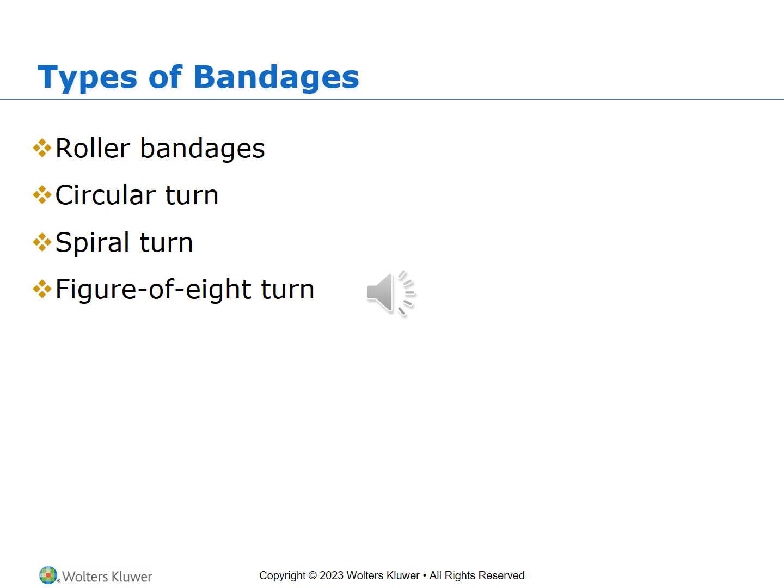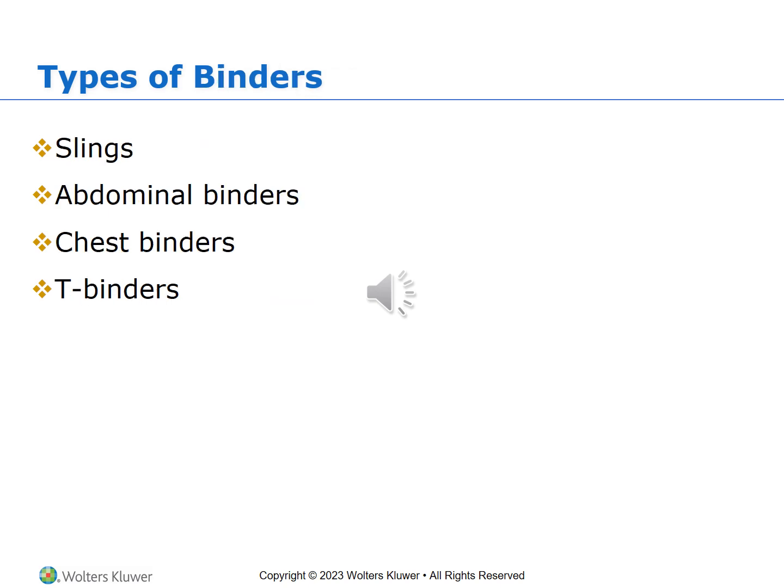And then on page 1186, it shows us the different techniques for these bandages. On 1185 through 1187, the beginning of 1187 is talking about these types of binders, and it's showing us pictures of these different types of binders on 1186.